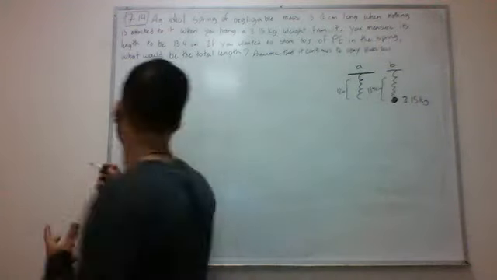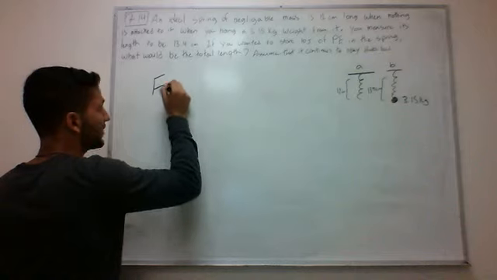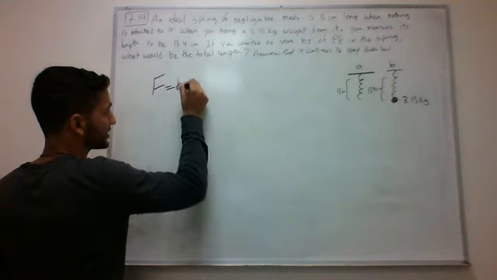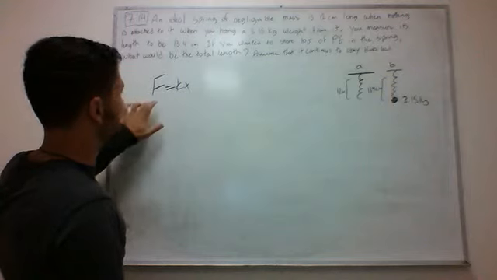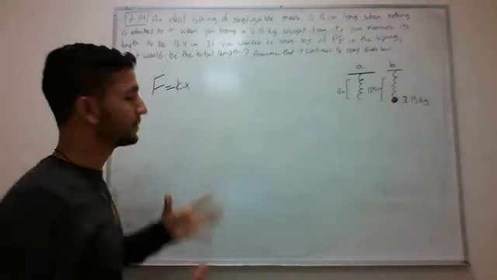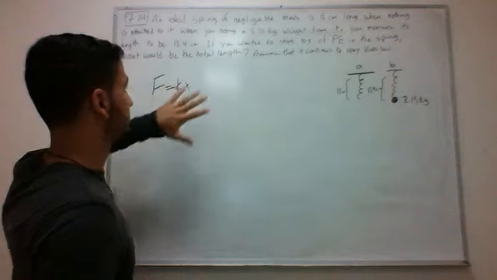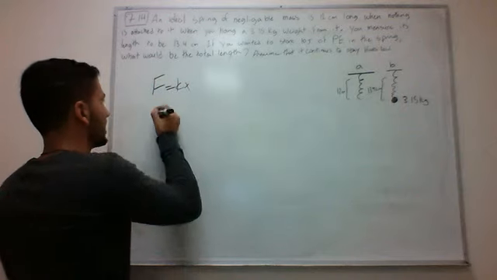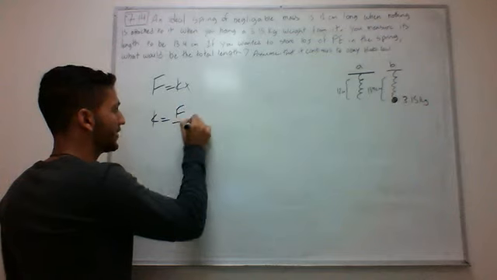Let's try and solve it. We know from previous chapters that for a spring, F equals kx. We know F is mass times gravity, and we have x, which is the length. We're trying to solve for k, the constant. So k equals F over x.